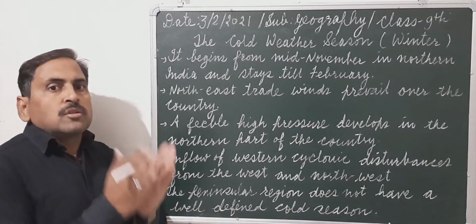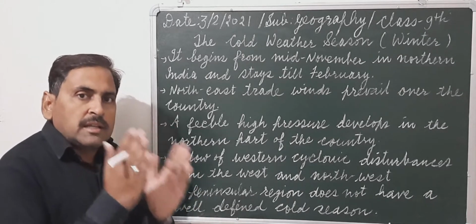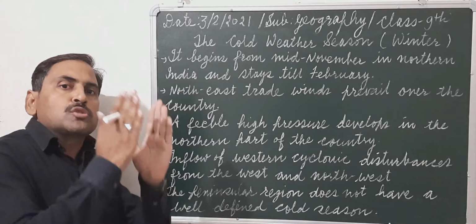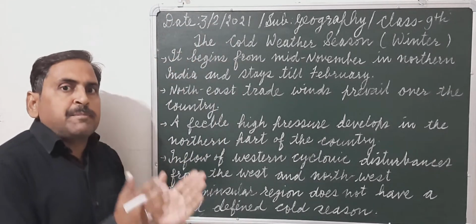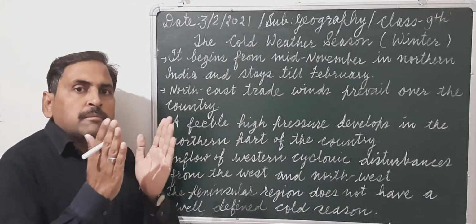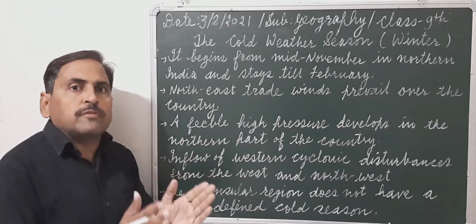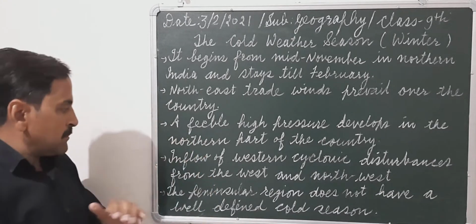These winds cause rainfall in the northern plains and snowfall in the Himalayas. This type of rain is known as Mahawat, that is good for the Rabi crops.